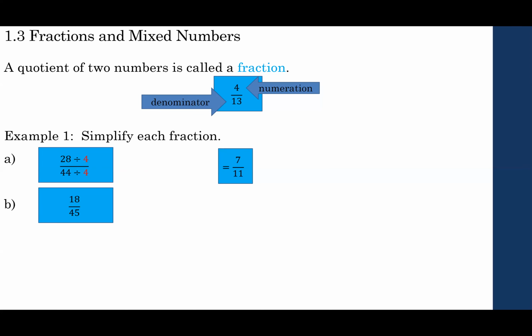Hopefully you say yes, and that number should be 9. 9 is the best number. If you say 3, that's fine, but 9 is the best, because 18 divided by 9 gives me 2, and 45 divided by 9 gives me 5.